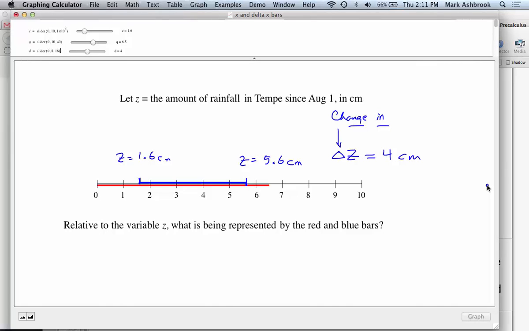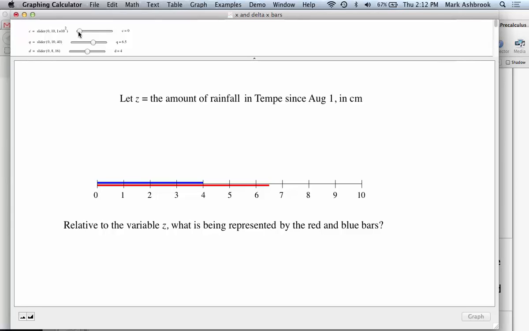So delta represents a change in a quantity. Specifically here, I'm showing that change in the quantity starting when Z was 1.6. Okay? So tell the person next to you, what does the blue bar represent now? Go.